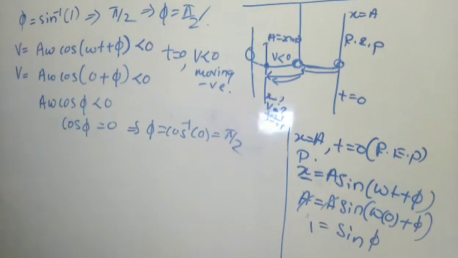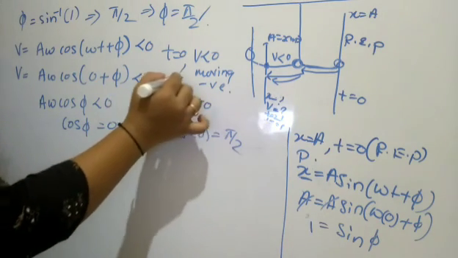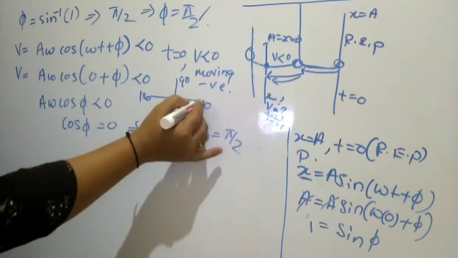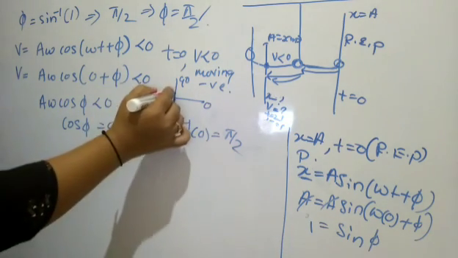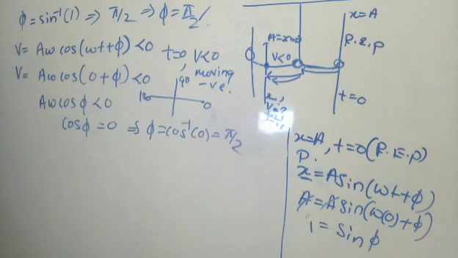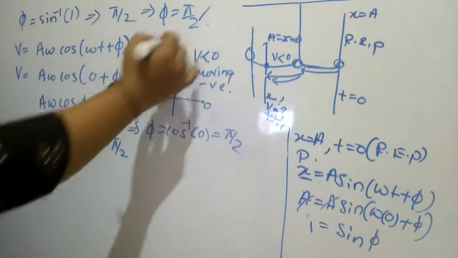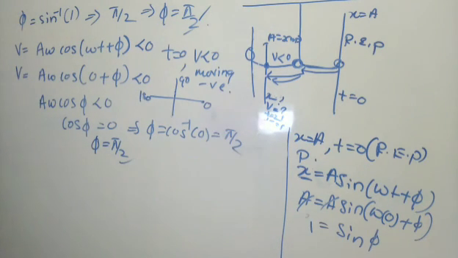If you are getting confused, you can go ahead with the allied angles, that is 0, 90 and 180. So cos 0 comes as 1 here. Cos 0 means it is 1, and 1 means what? Pi by 2. So phi we can take as pi by 2. For the displacement also pi by 2, and for the velocity also pi by 2.